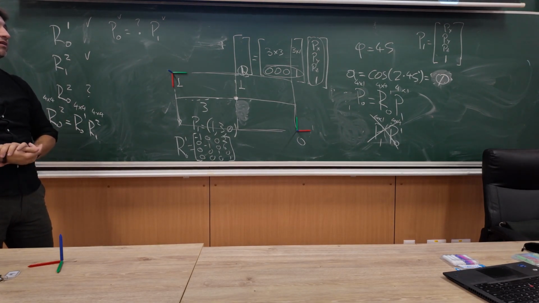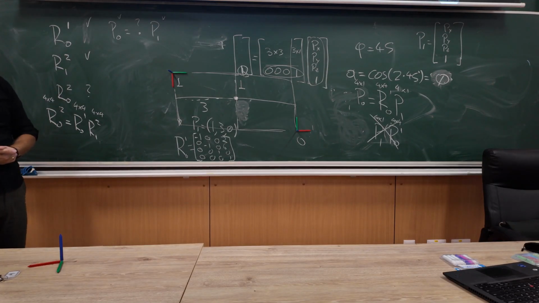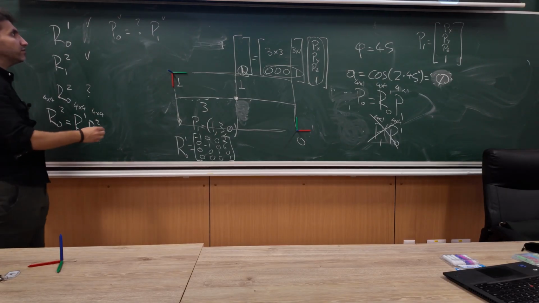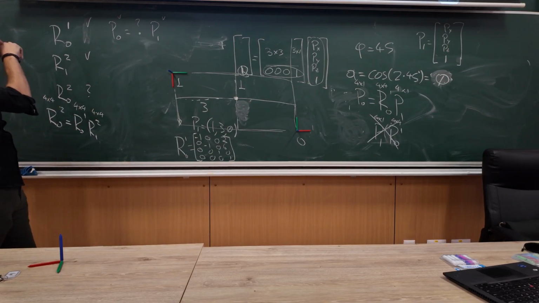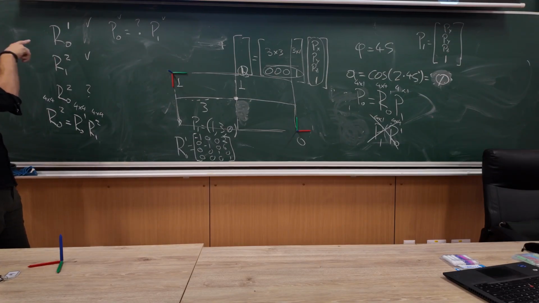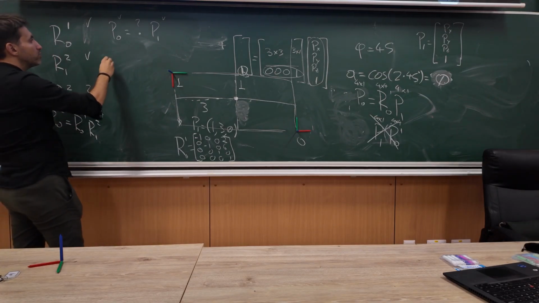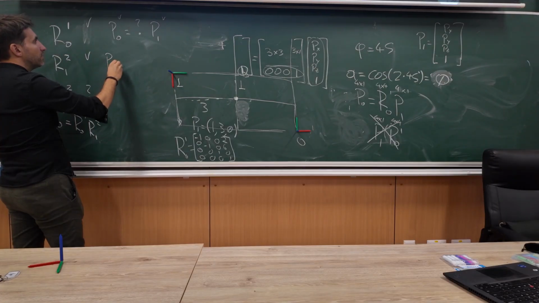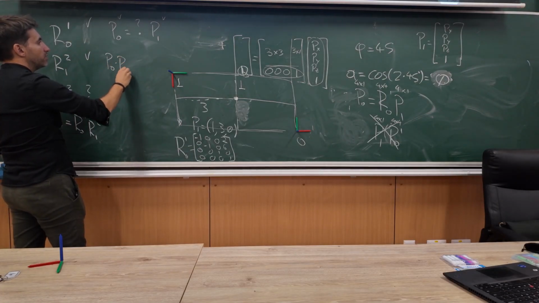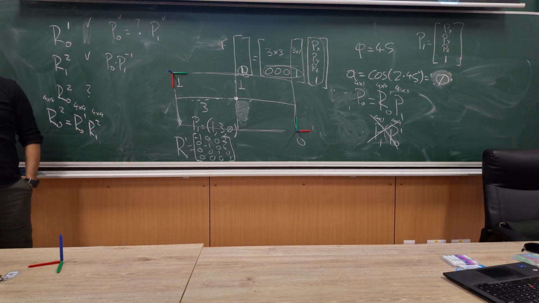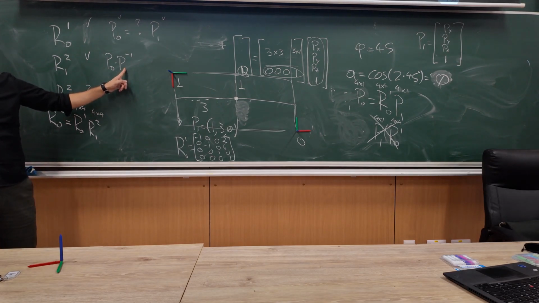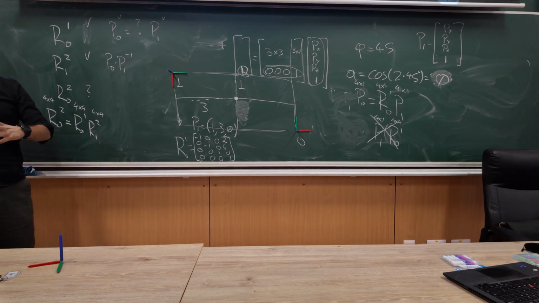Is it unique? I guess so. If it's unique, you should be able to calculate it. I'll think about how, because the problem is that you cannot invert these things because they are not square. So you cannot do something like this times P1 to the minus 1, because this is a column, right? To do the minus 1, you need a square matrix.